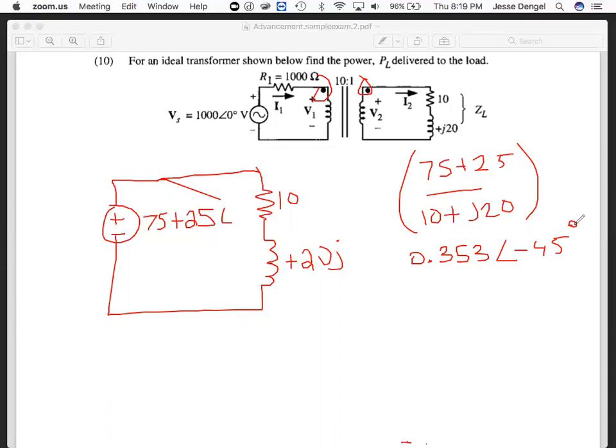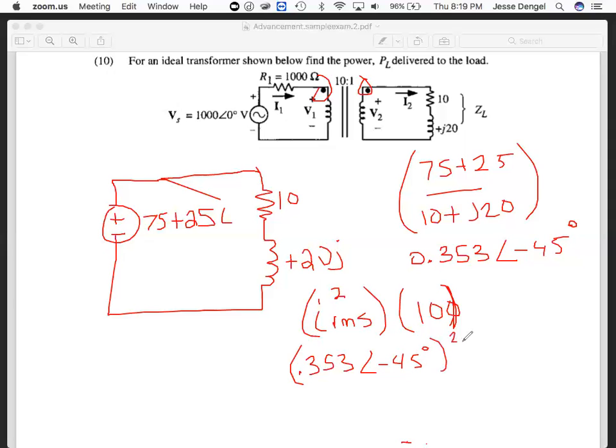So then we have our current, and we need to find out our ZL. Our power is I squared RMS times the resistance, and that's just basic Ohm's law, which is times 10. So we have 0.353 angle negative 45 squared.